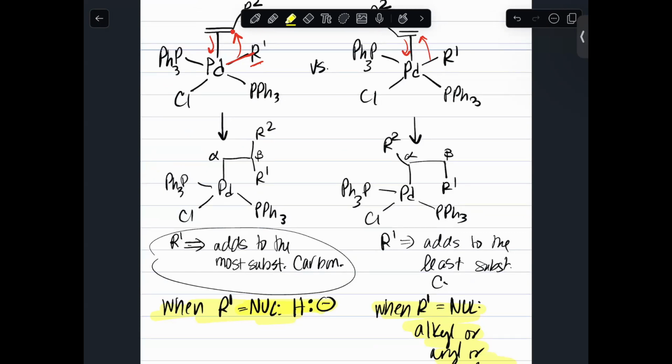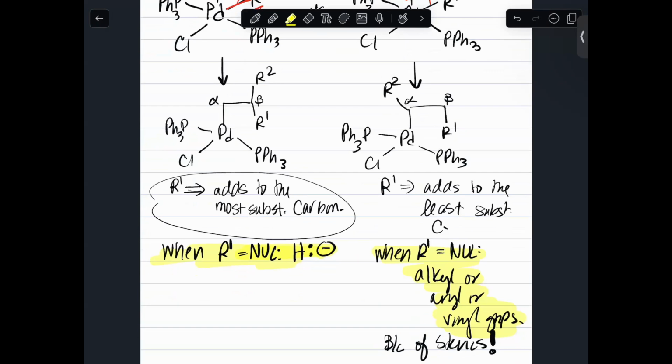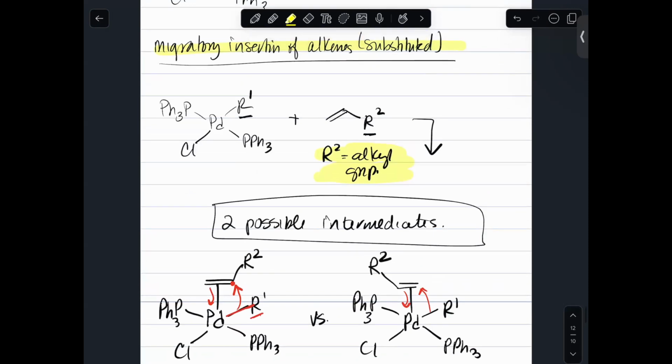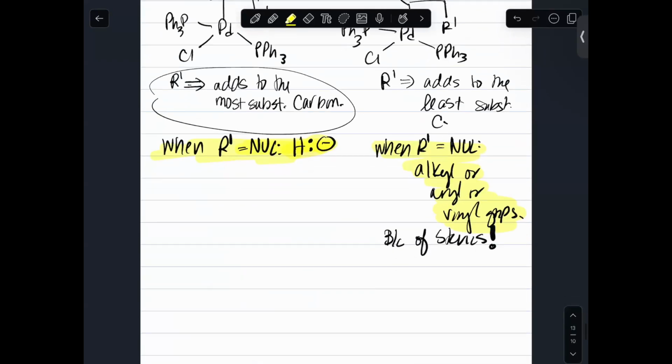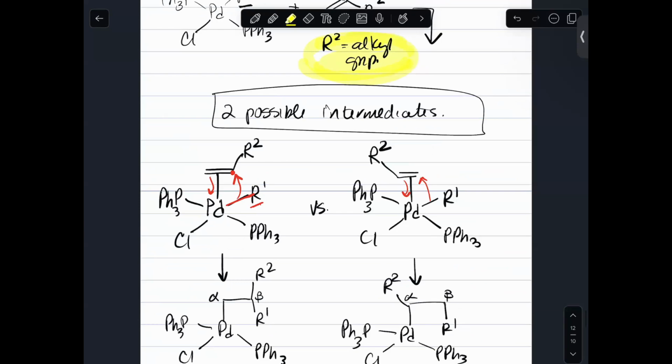There's more to these rules because all we've talked about are hydride sources and nucleophiles and R2 being alkyl groups. What if R2 was an electron withdrawing group and not an alkyl group?